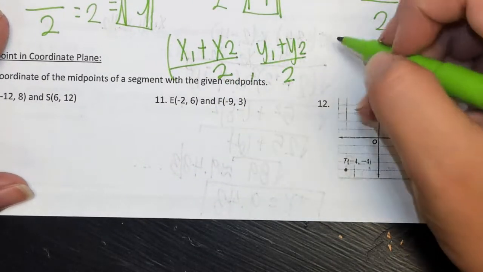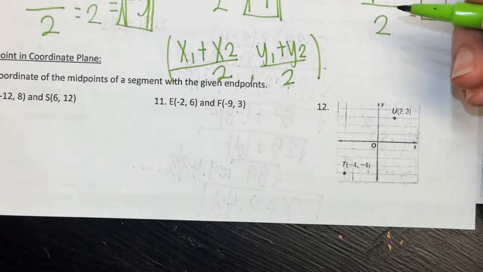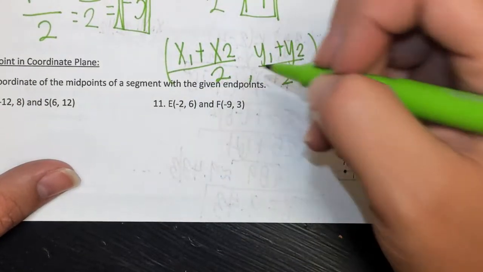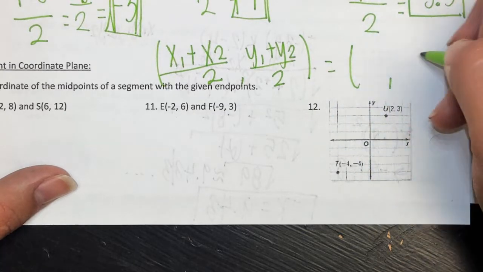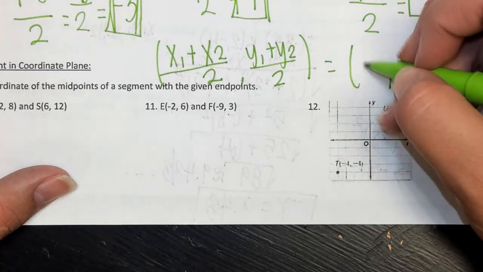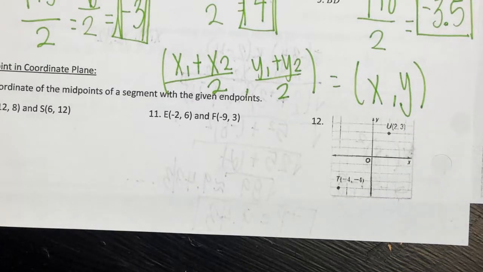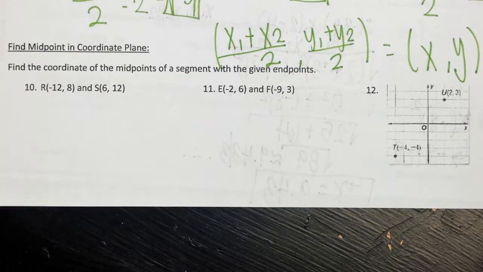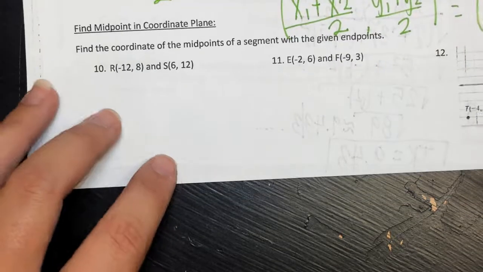And divide by 2. Here's the difference in a number line and a coordinate plane. When you're finding the midpoint of a coordinate plane, your answer is going to be a point. You're going to have an X answer and a Y answer. It's not just one number. You're going to have a point to go to. Does that make sense?